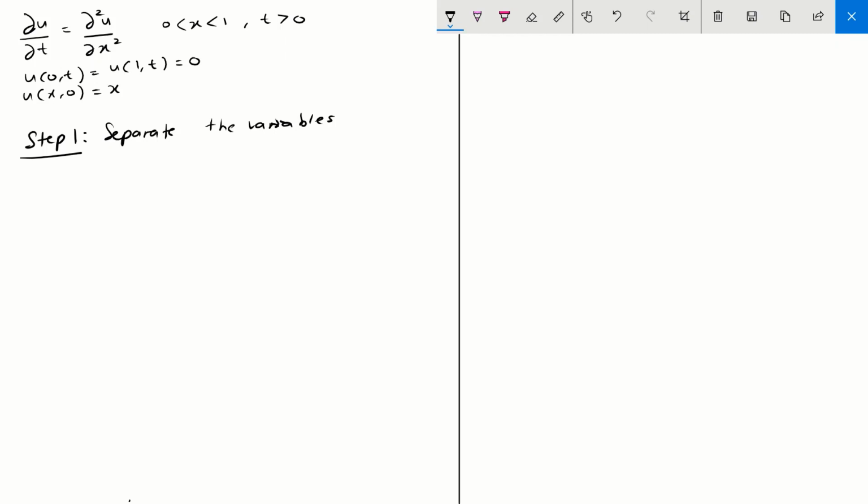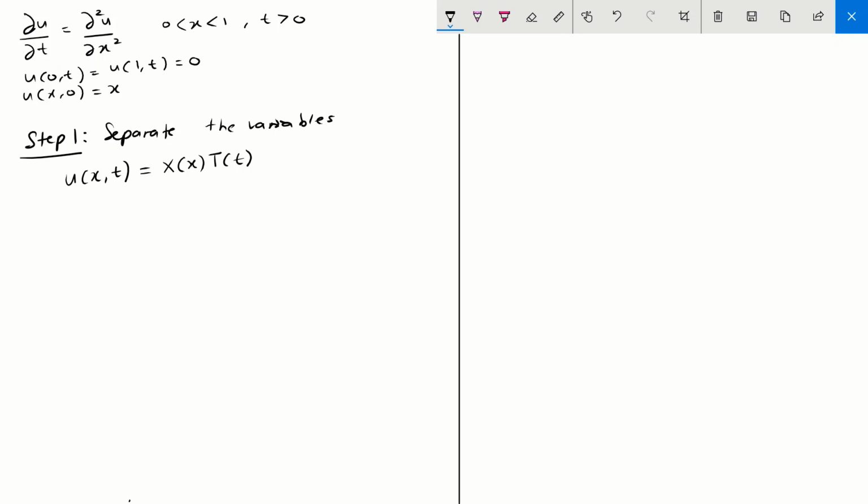We start with the assumption for the solution u(x,t), because if we can separate the variables, the solution u(x,t) equals X(x) times T(t). Then we put this assumption into our PDE.